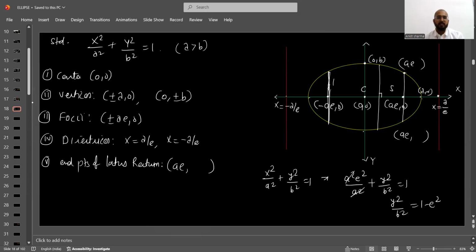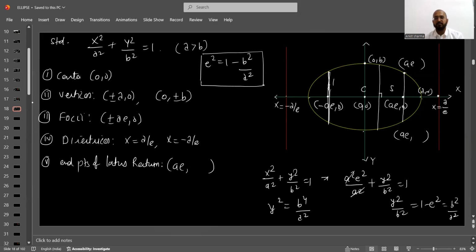The relationship between A, B, and E for this ellipse, for A more than B, is e square is equal to 1 minus b square over a square. So 1 minus e square I can replace by b square over a square. So from here I get y square is equal to b power 4 over a square.